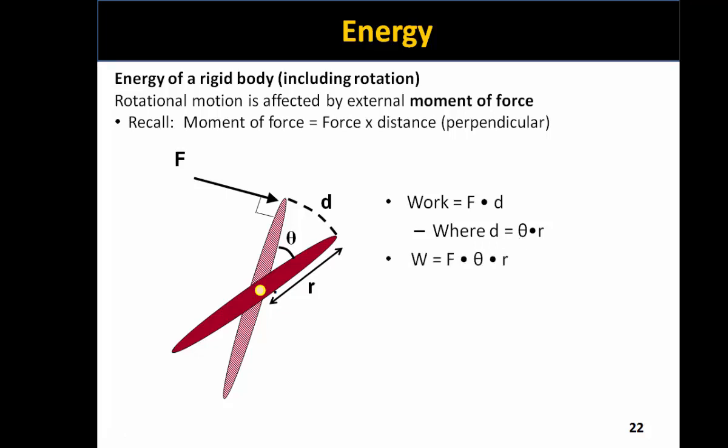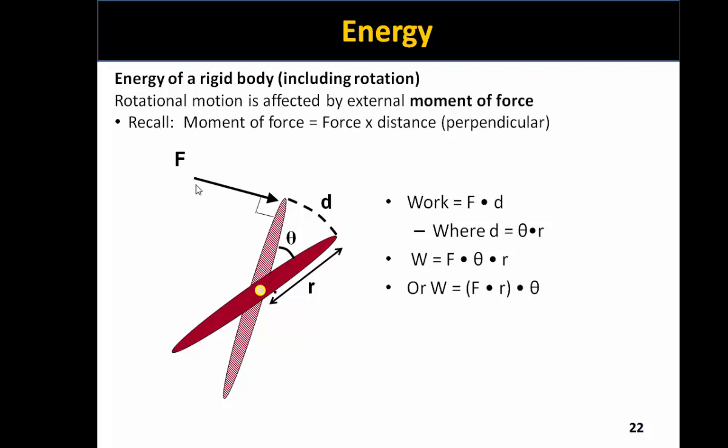Now if we expand this equation, our work equation, specific to D, and substitute the right hand side of the equation, we have force times theta times r, or we can express it with respect to grouping the force and the distance from the axis of rotation to the point of force application.